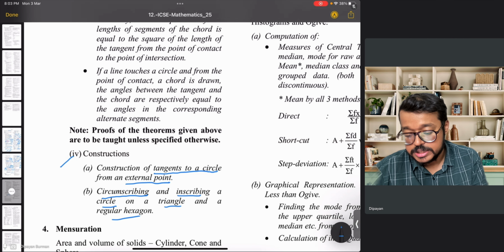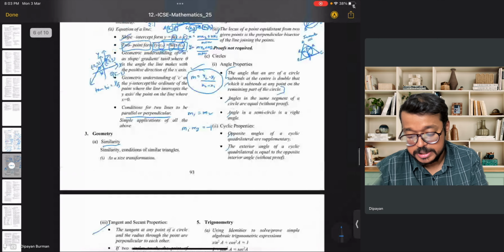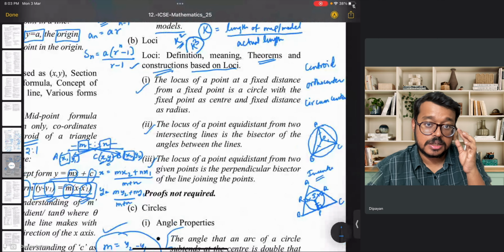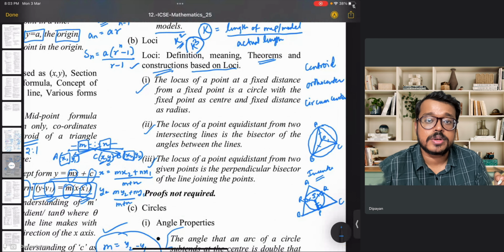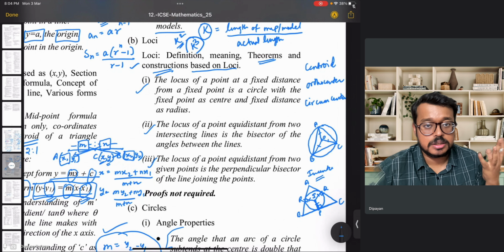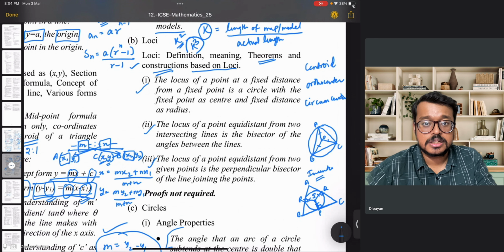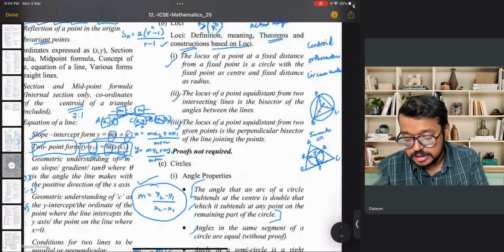And for any locus construction, if the question is asking to construct the locus of points equidistant from this and that, once you do the construction, it will be either an angle bisector or a perpendicular bisector. Below the construction, just mention that the locus of this and this is the perpendicular bisector or the angle bisector. So that is needed.